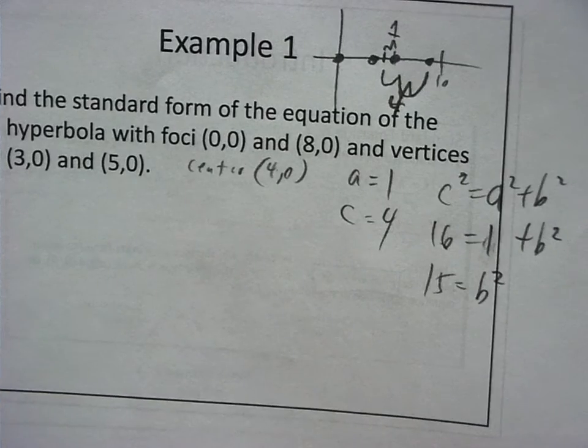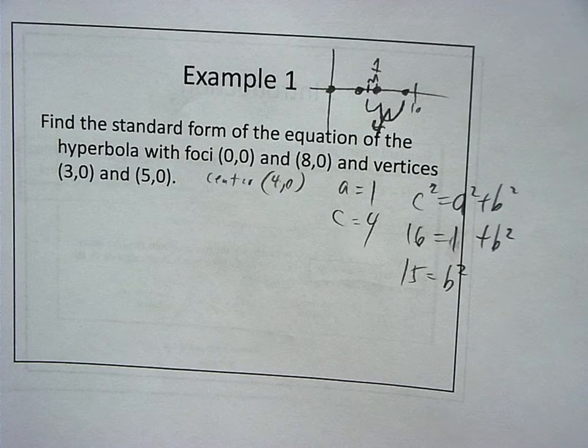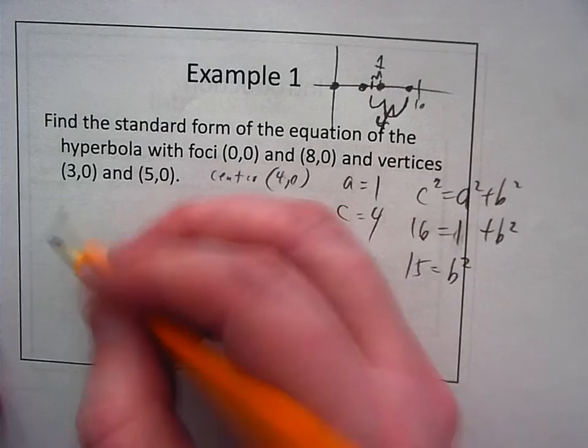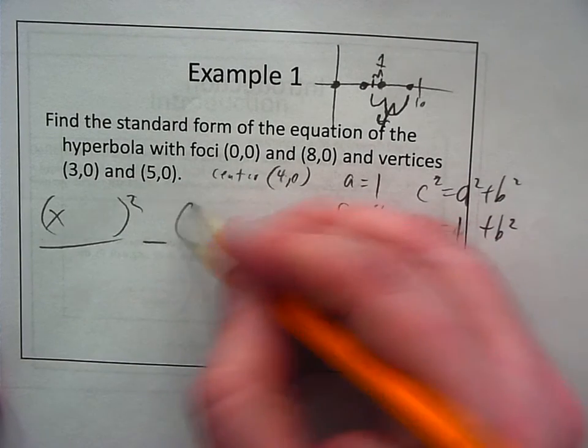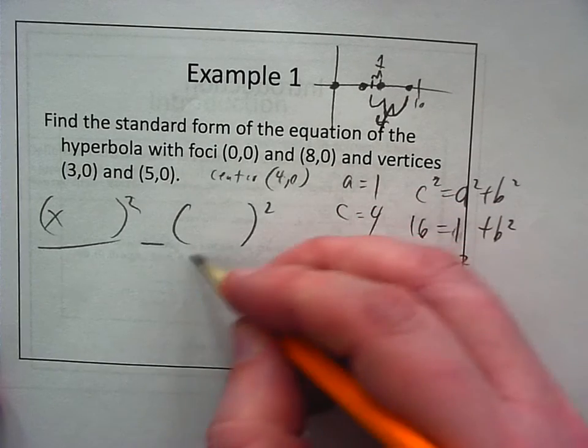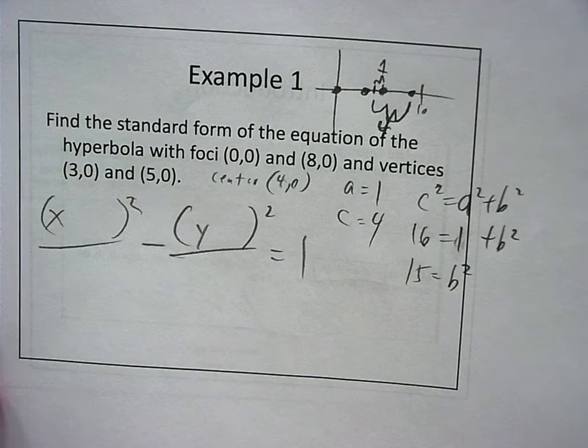So for equation-wise, what's going to have to be first? Well, A is always first, but is the x first or the y first? X is first. Why? Because it's horizontal. This transverse axis is horizontal. That means I'm going to have x first. It's always going to be minus for a hyperbola. And then plug in your values.